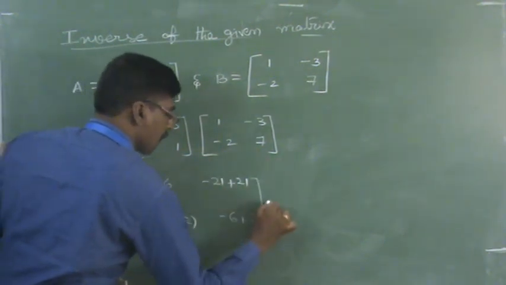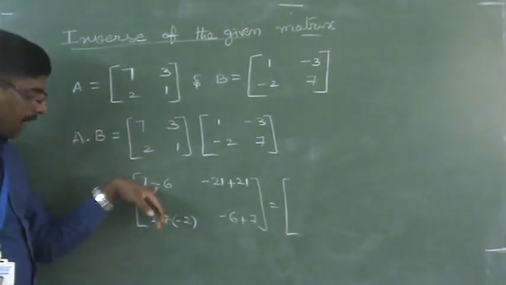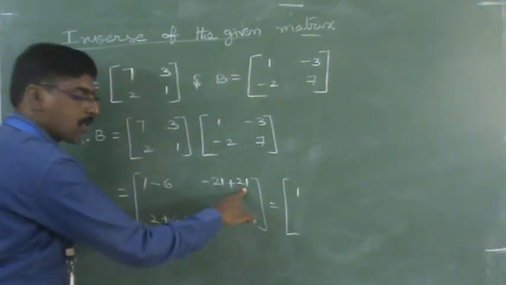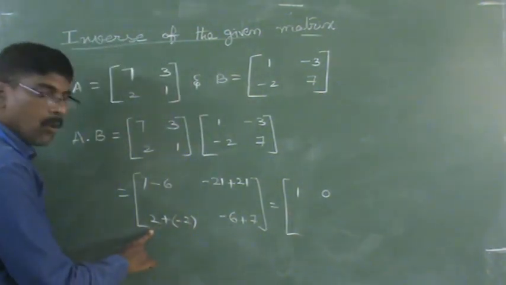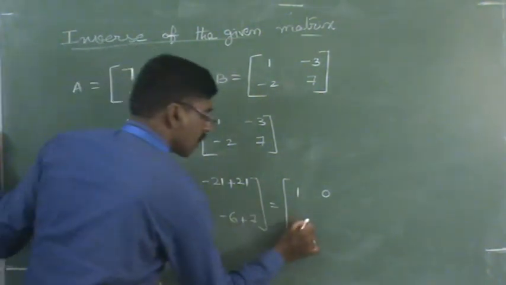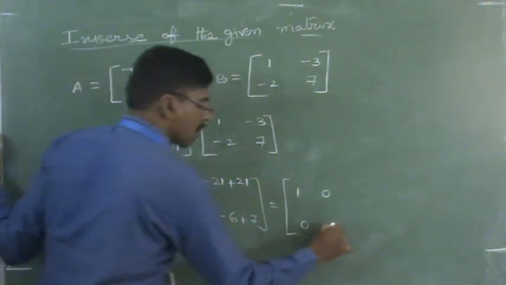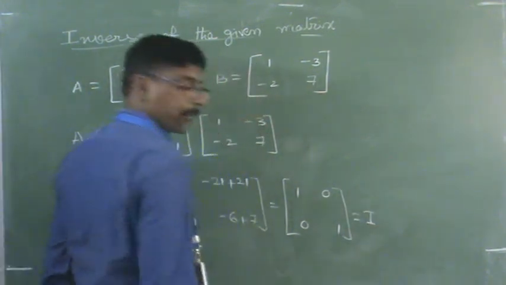See the product, what answer are we getting? 7 minus 6 is 1. Minus 21 plus 21 is 0. 2 plus minus 2 is 0. Minus 6 plus 7 is 1. That is called the unit matrix.